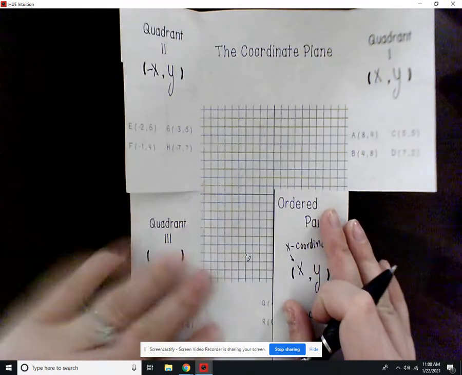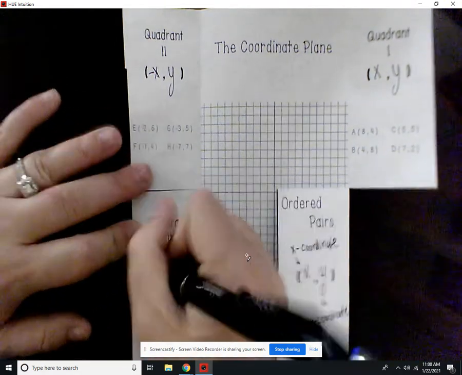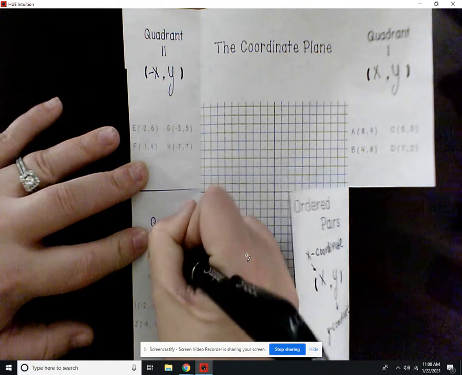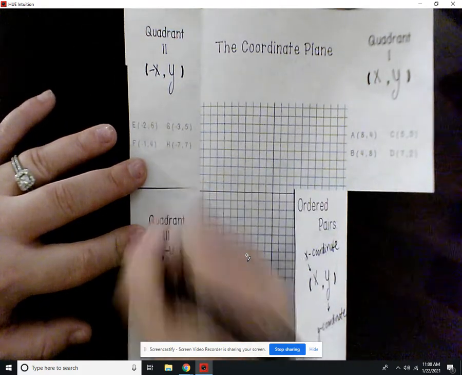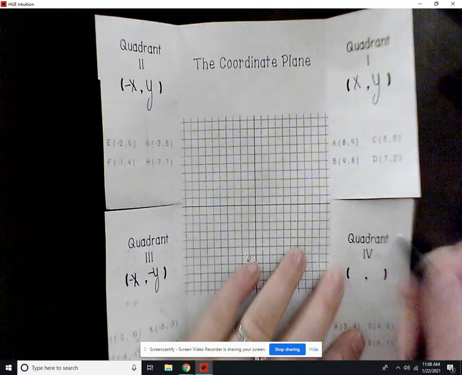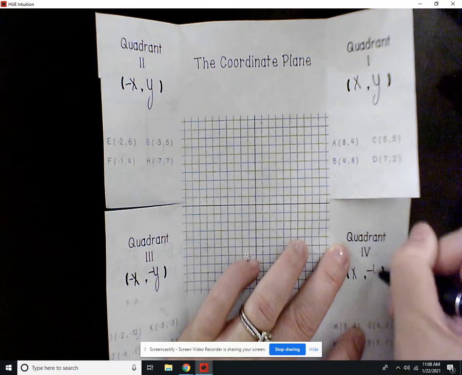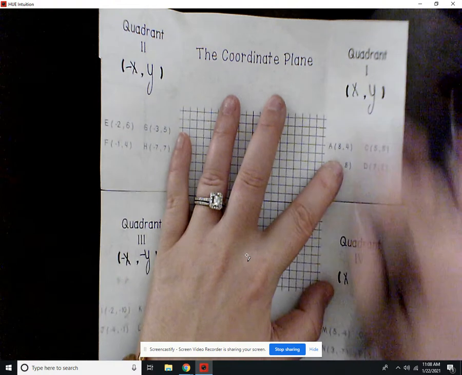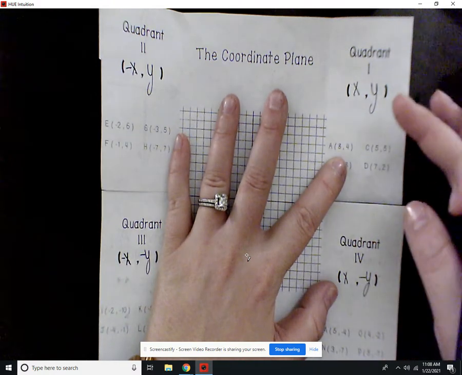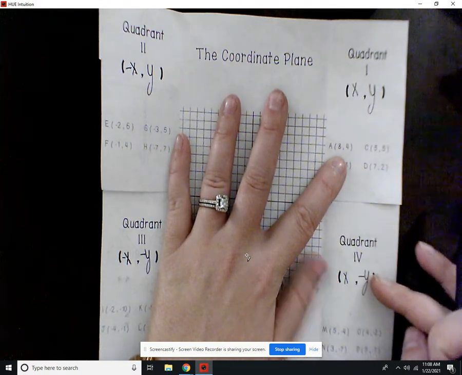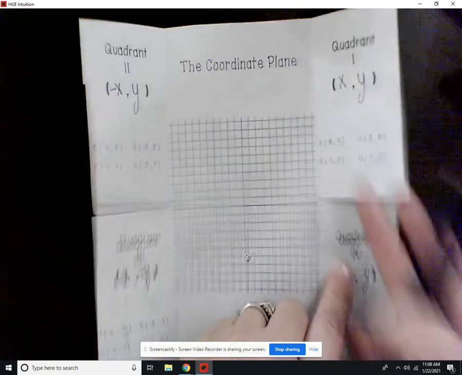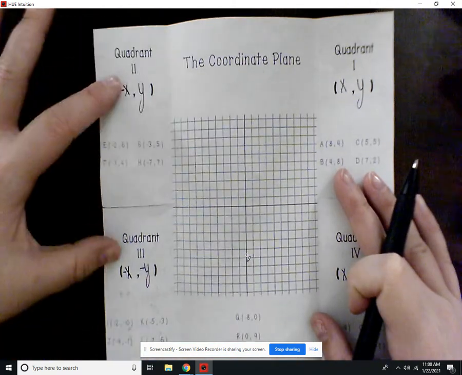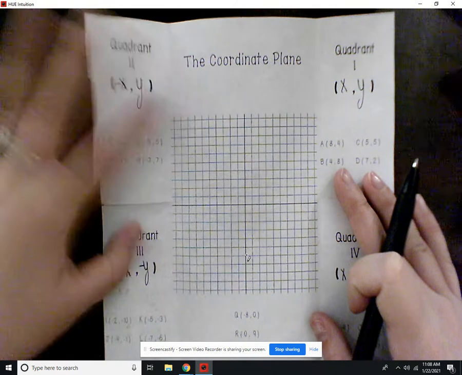Quadrant 3 is the bottom left corner. You're going to have a negative x and a negative y. And in quadrant 4, we'll have a positive x and a negative y. So quadrant 1 and 4 have positive x's, but the y's are opposite: quadrant 1 is positive, and quadrant 4 is negative. Then quadrant 2, the x's are the same, and again, the y's are opposite.